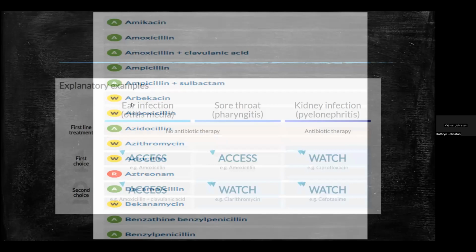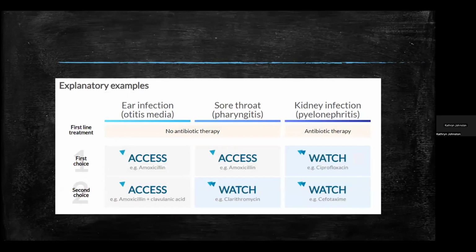So in this explanatory example, you can see here for otitis media, the first line of treatment is no antibiotic therapy.